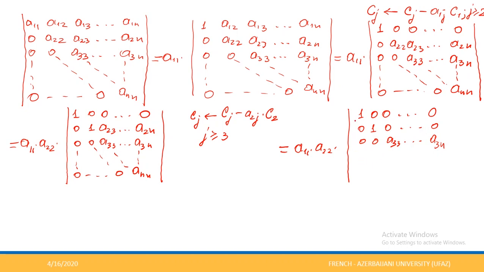You see here diagonal elements are 1, 1, a33, a44, and ann. And all elements below the diagonal will be zeros.